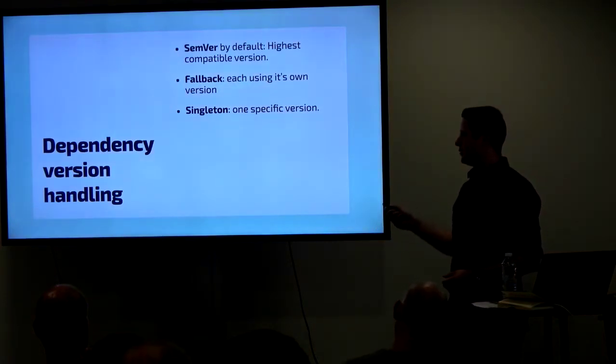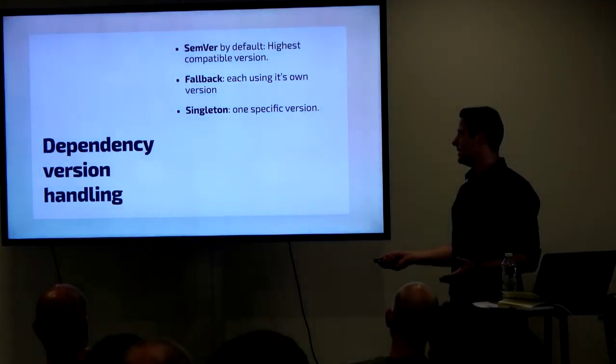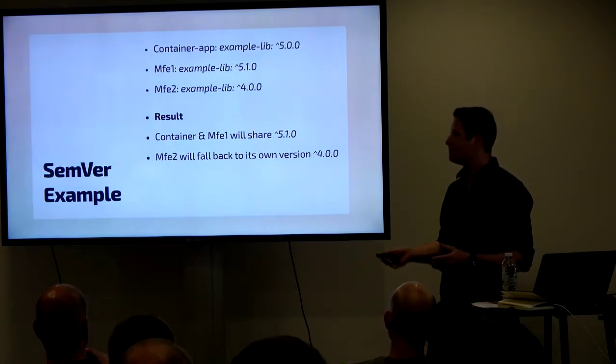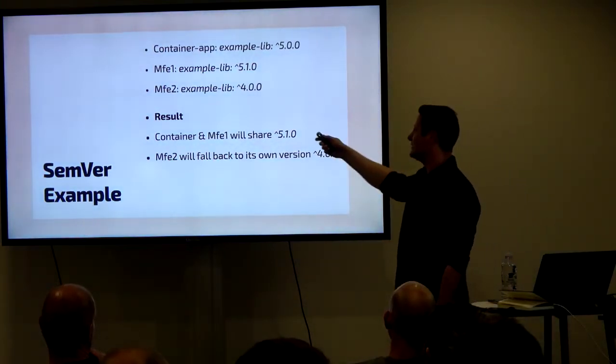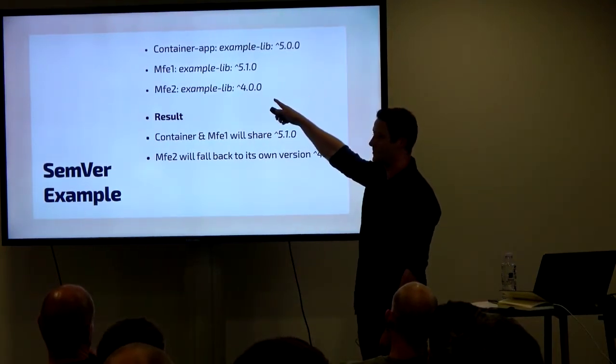And what it does is that it tries to get all the dependencies and manage them in the best way possible. So for example, with this semantic versioning, you can get 3 module federation or micro frontends that have a requirement for this example lib.